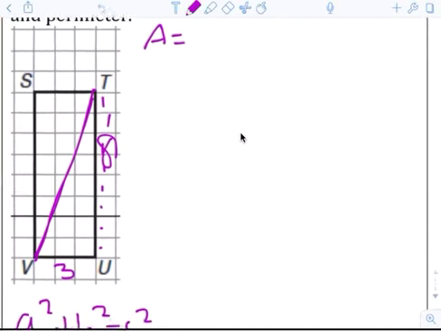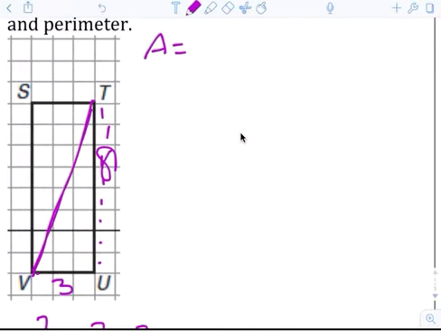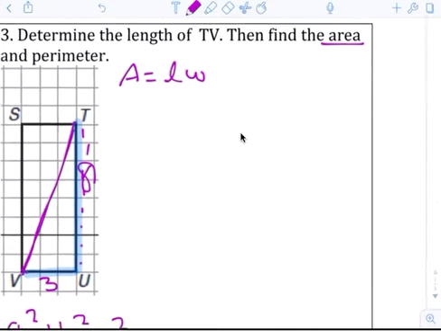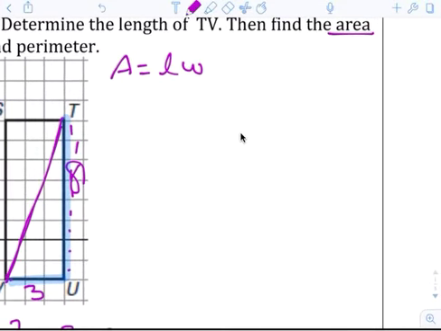Okay, and then the area is the two legs, the length and the width. Because it's not a triangle, it's just length and width. The length is 3, the width is 8, so the area is 24 units squared.